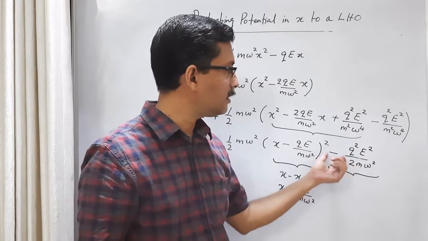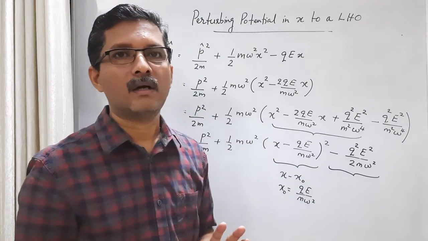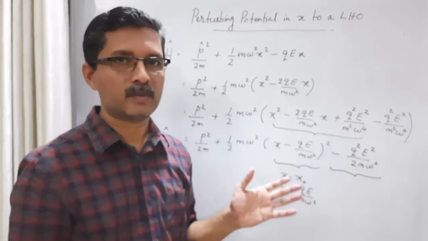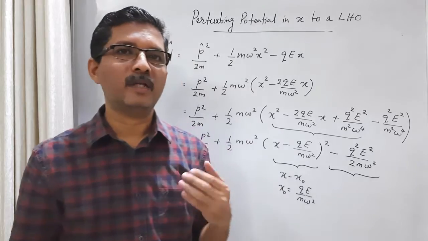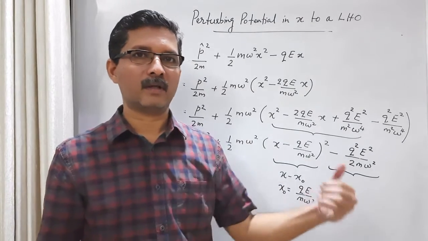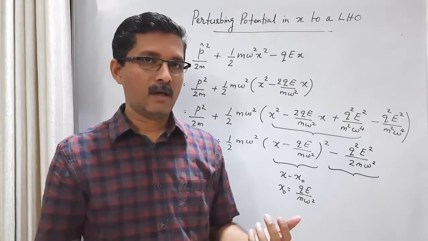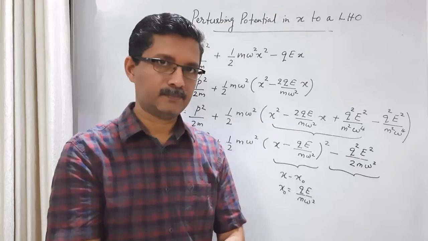Always there will be a decrease in energy. So these are the two effects when you apply a constant force on a linear harmonic oscillator, or a perturbing potential proportional to x: the mean position will be shifted either along plus x or minus x direction depending upon the direction of the force, and secondly energy will be decreased by this amount.